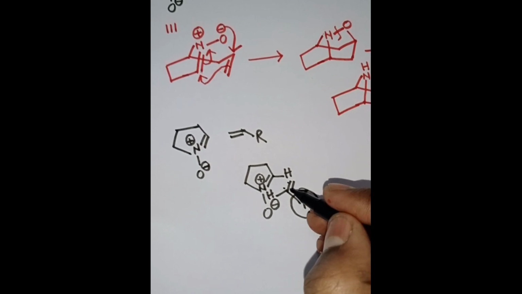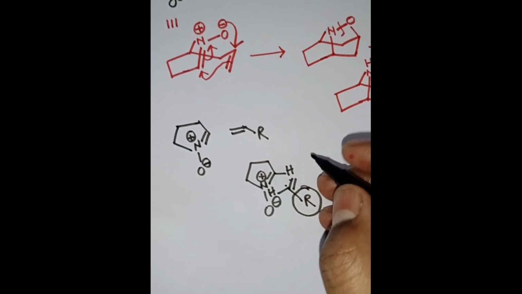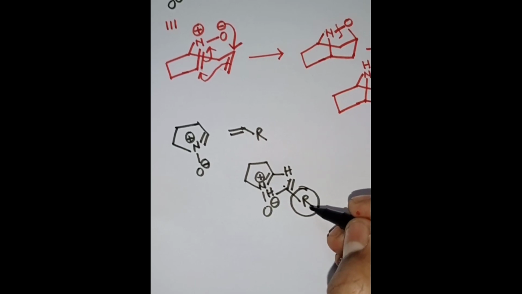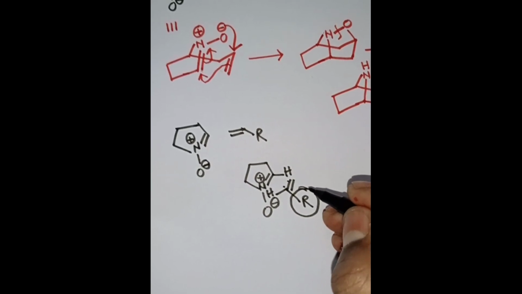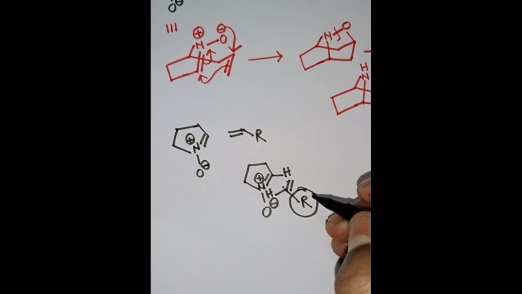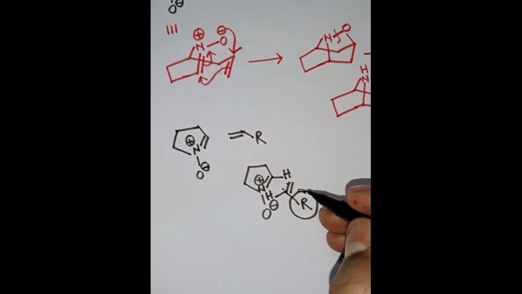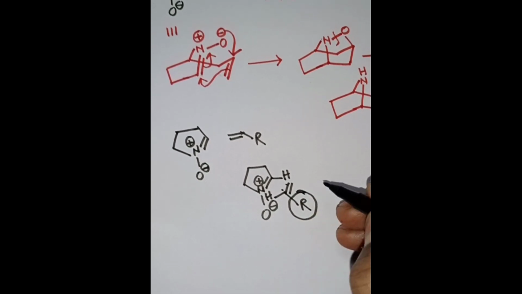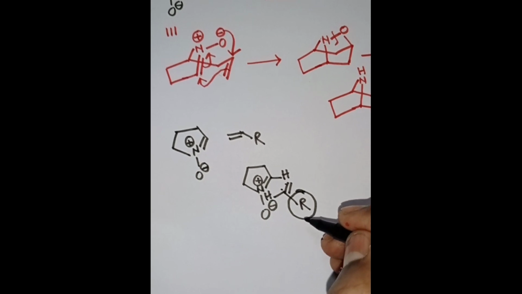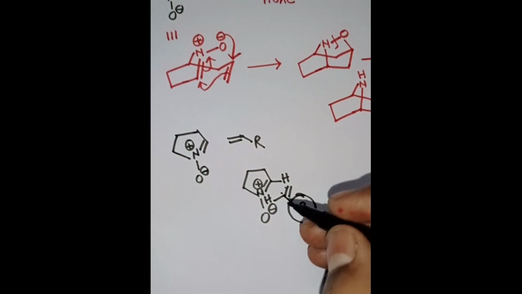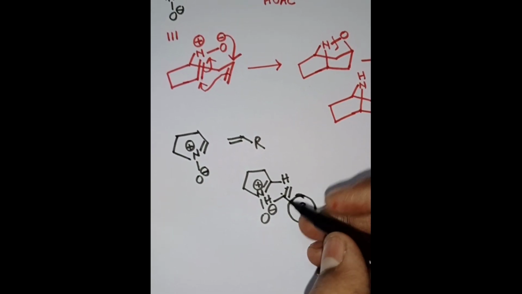If this R group is on this side, then it is called the endo approach, but here this R group is in exo position, so it is the more favored approach, because it is the least hindered approach when R is in exo position.